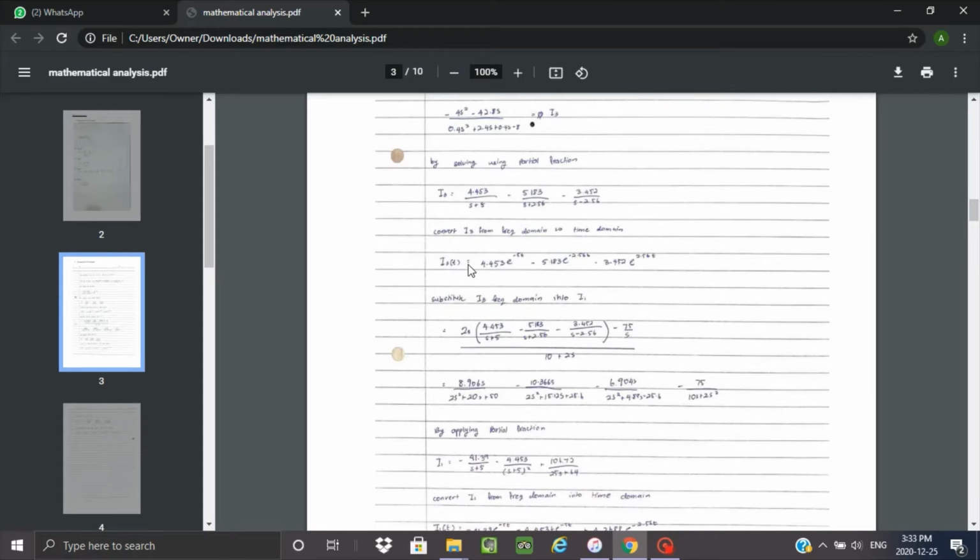And we can convert the I3 from frequency domain into the time domain, which is 4.453 exponent negative 5t minus 5.183 exponent negative 2.56t minus 3.452 exponent 2.56t.